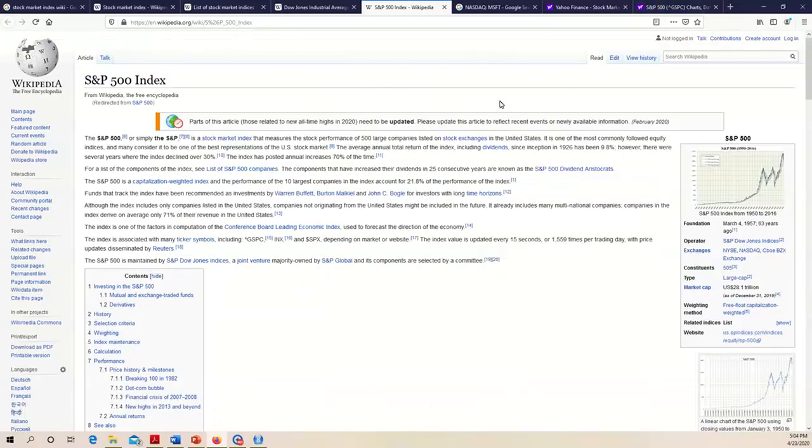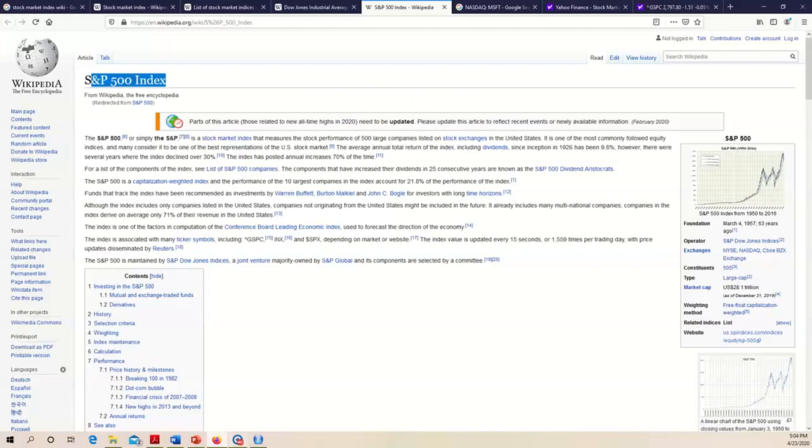The S&P 500 index has its own Wikipedia page, right? This index was created or constructed by this company called S&P, Standard & Poor's. And as its name suggests, how many stocks does this index involve? Roughly 500. So that's why I call it the S&P 500 index.